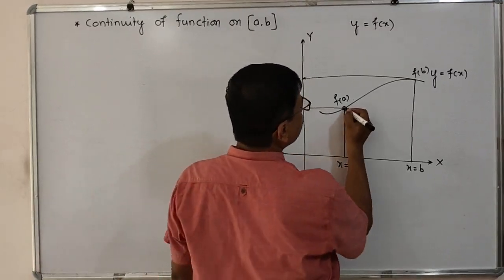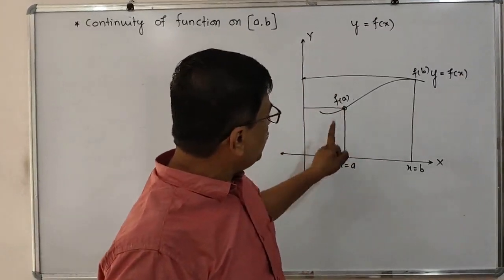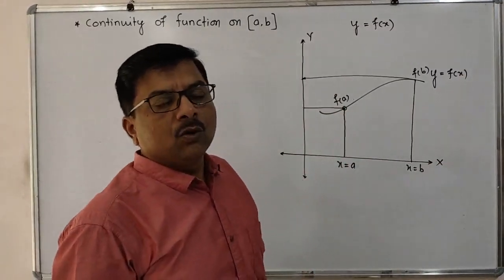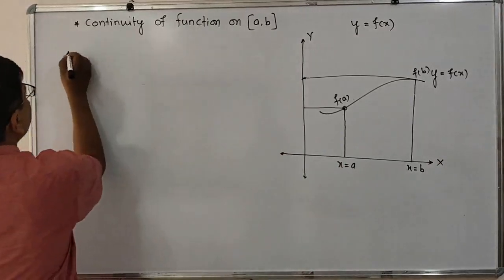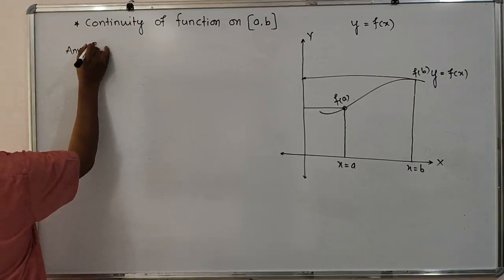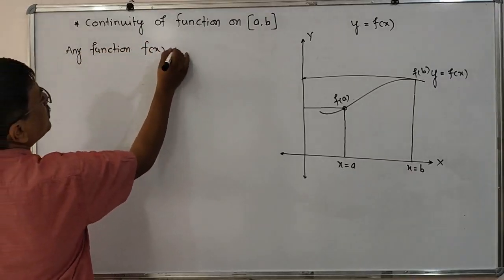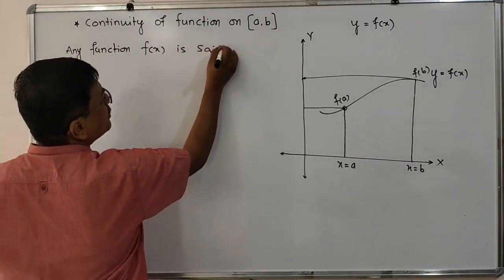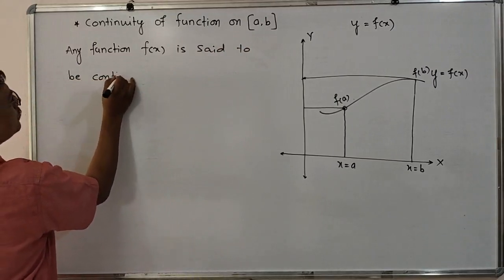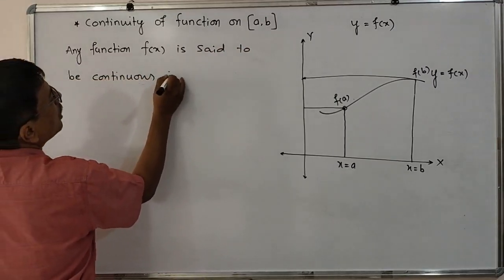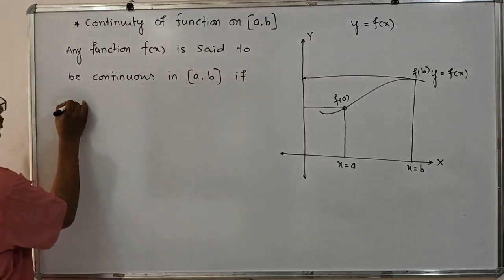Now to say that this function f of x is continuous in this interval a and b, we have to remember 3 important points. Any function f of x is said to be continuous in closed interval AB if, remember these 3 points.